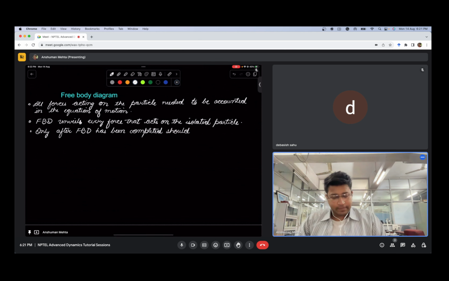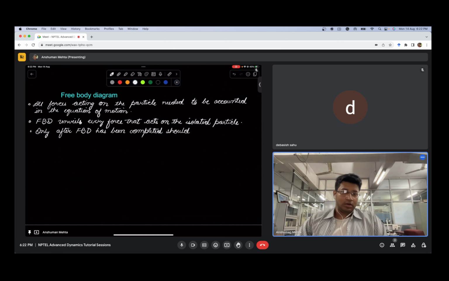So the first step is to draw the FBD, and then we can find the equation of motion.